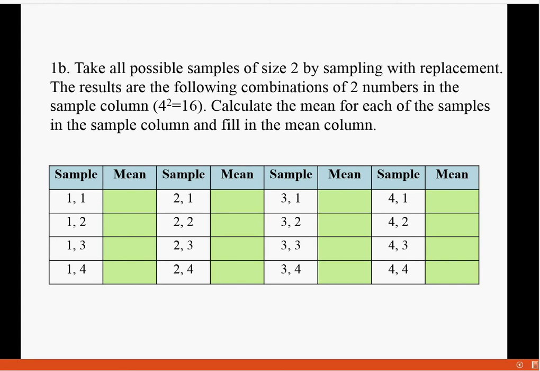Take all possible samples. That means you keep taking samples of size 2 until you exhaust all possible combinations.